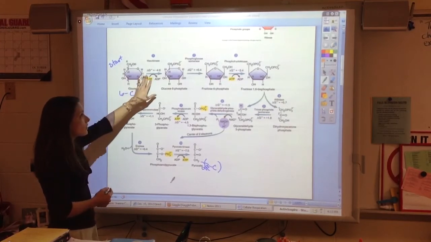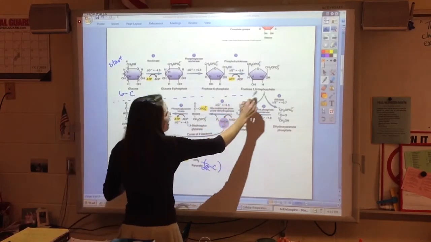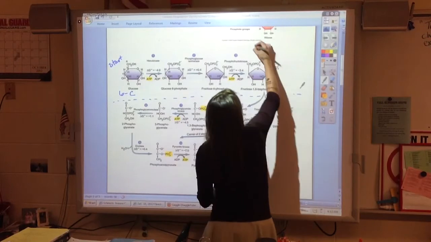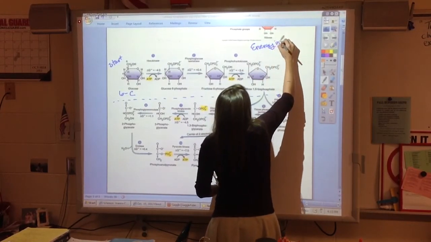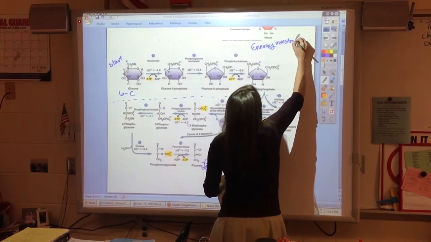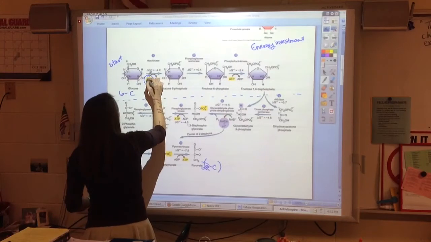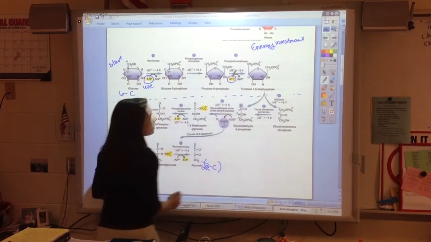What we see in the first set of steps, so if we divide and look at steps 1 through 3, steps 1 through 3 are known as an energy investment period. Because what we see is that we use ATP and we use ATP.